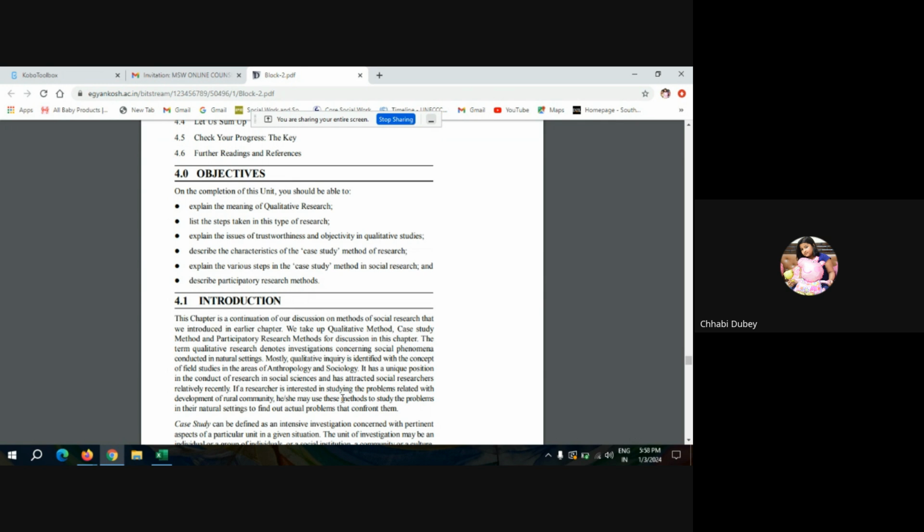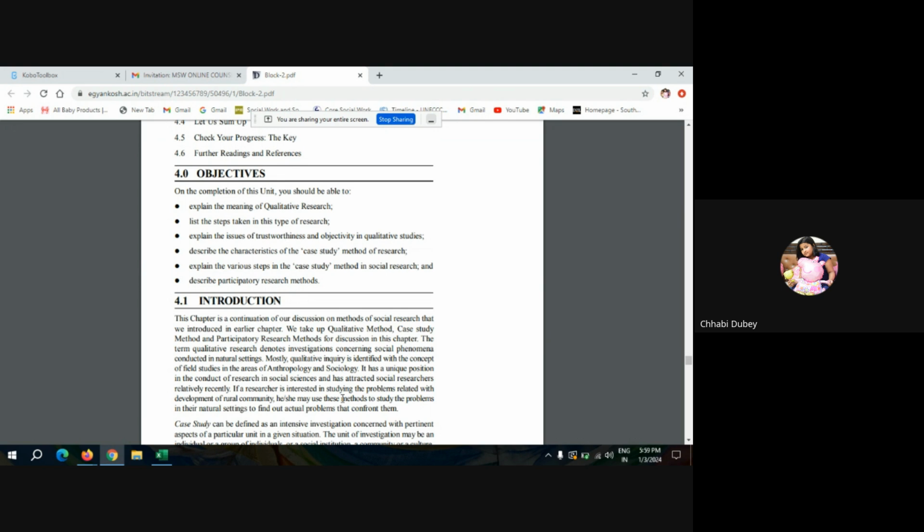There are different types of methods involved in the qualitative methods. This does not mean that there are no quantitative or statistical studies at all, but their scope is limited. Due to the paucity of time, I will be taking up this particular unit tomorrow.